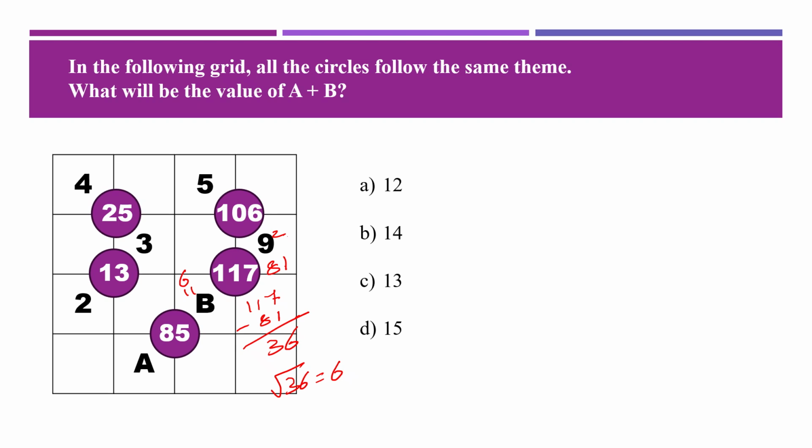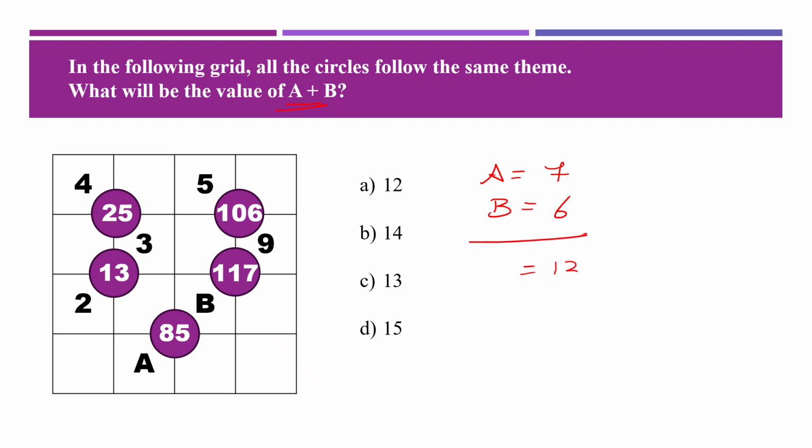On the other side, 6 square, which is 36, 85 minus 36 is 49, and the square root of 49 is 7, which gives the value of a. So as per the question, a plus b, where a is 7 and b is 6, the sum is 13. In that case, we go with option C.